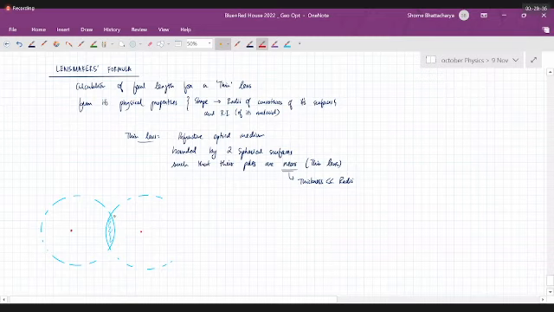If this is surface 2, this is its center of curvature, and this is the pole of the surface.